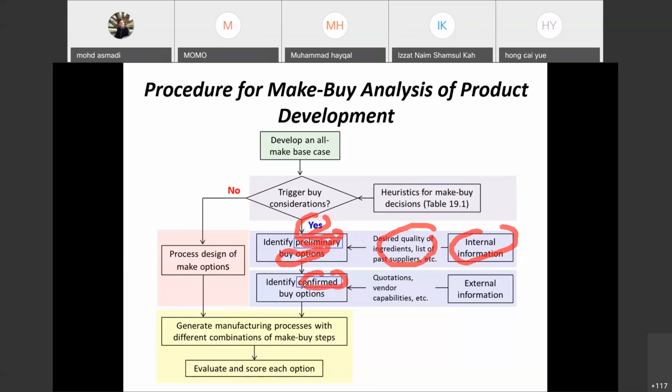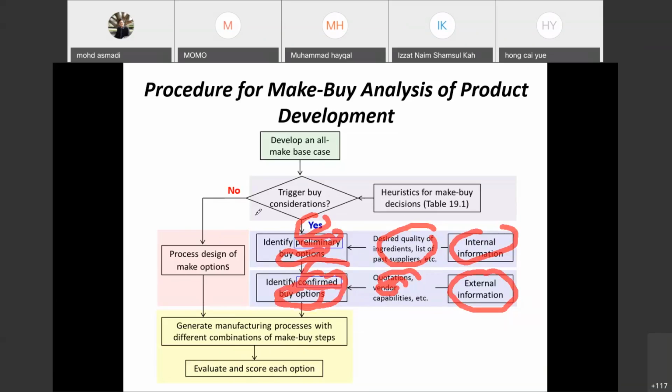How do we confirm this buy option? We have to do external information. You have to gather the quotations, vendors, and capability, so that you can confirm the buy option, if the ability and the acceptability can be established.